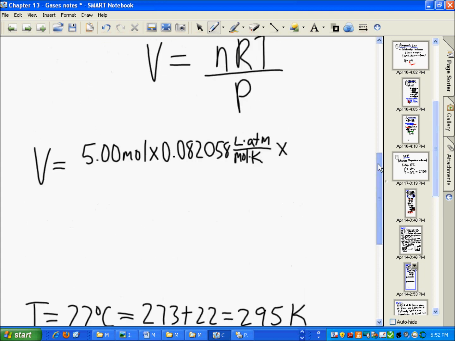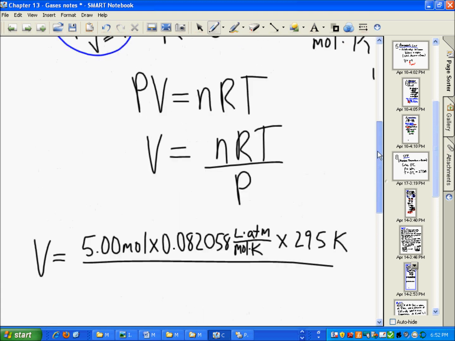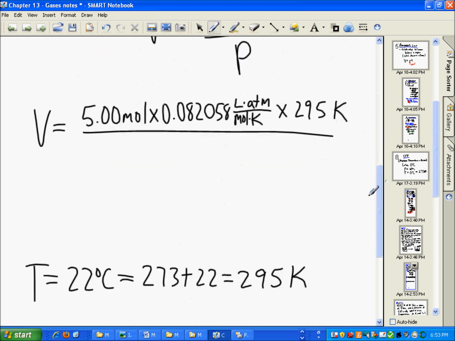So the temperature is 295, and the pressure was 1.25 atm. And let's make sure that all our units are canceling properly. So moles will cancel with moles, kelvins will cancel with kelvins, atms will cancel with atms, and we'll be left with liters. And that's good because we want a volume unit.